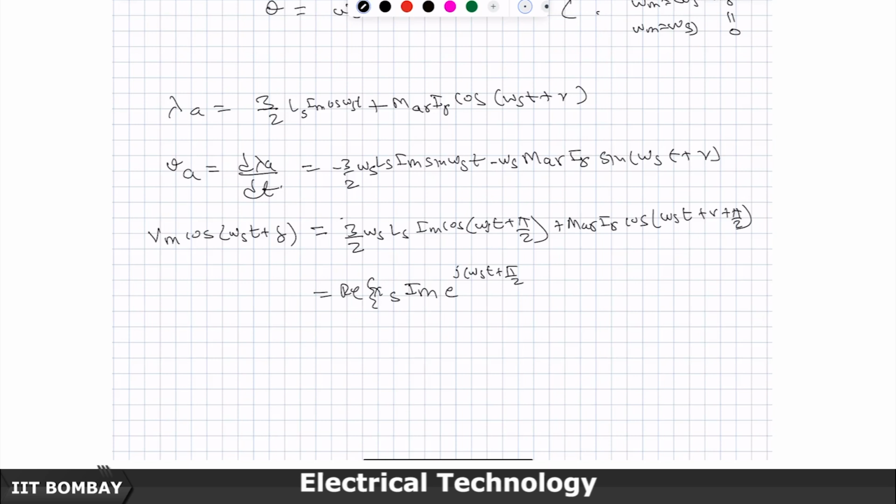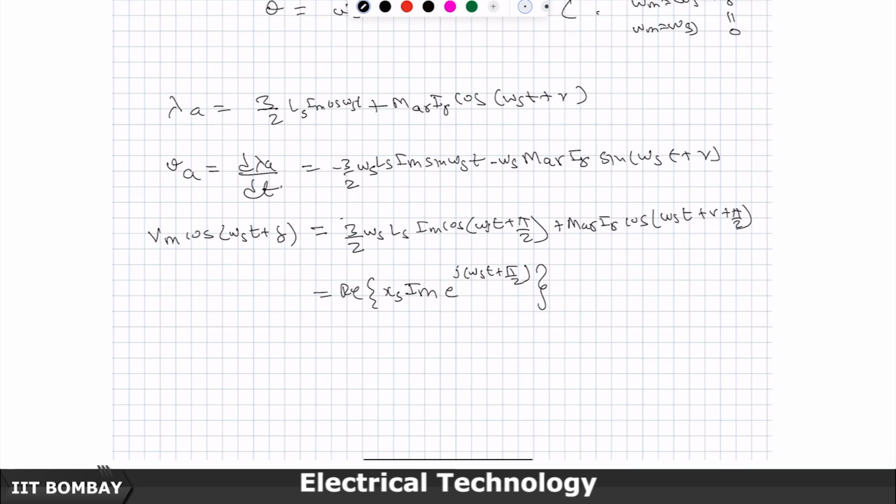So, you agree, cos of omega s t plus pi by 2 is the real part of e to the power j omega s t plus pi by 2, and because Xs, the synchronous reactance, and Im are just positive scalars, I can keep them inside of the real part.